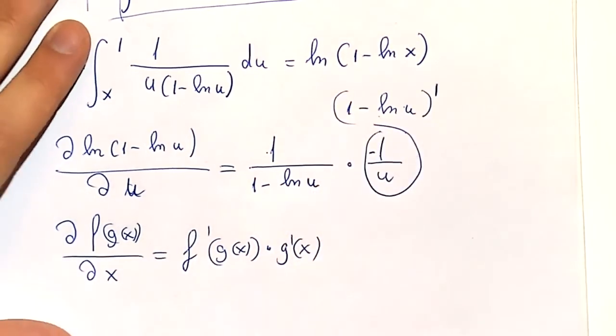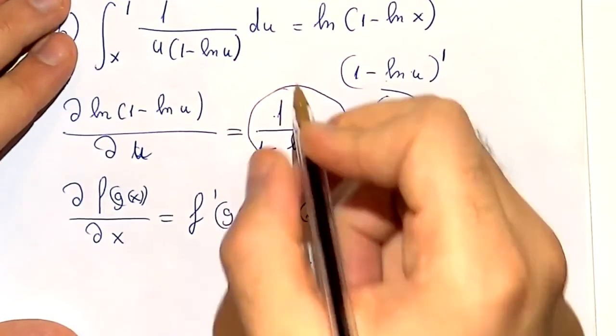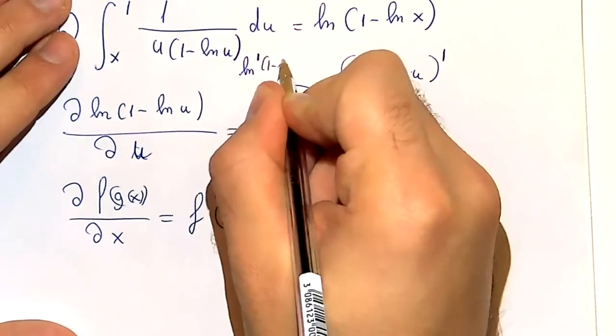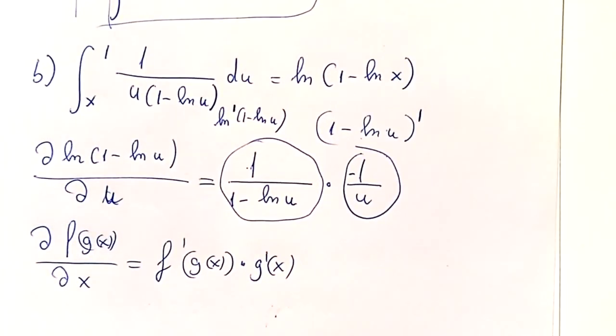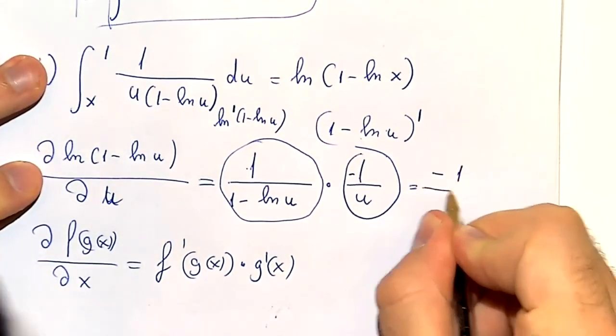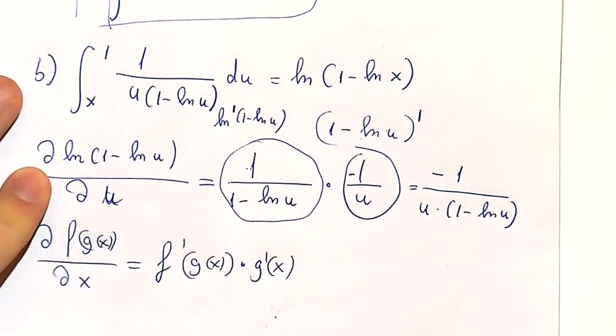I'm basically taking the derivative of what's inside, so g of x, and this is just the log derivative here of 1 minus log of u. Okay, makes sense? Everyone followed this derivation? So now this is just equal to minus 1 over u multiplied by (1 minus log of u).